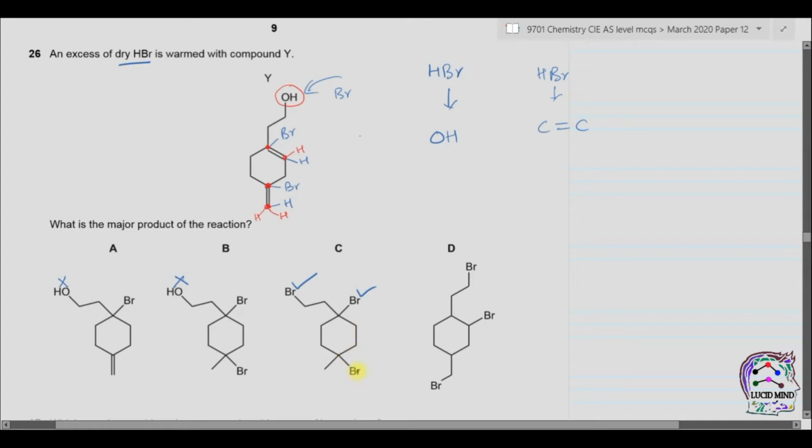This bromine is attached to this carbon atom, it is also correct. So the answer should be part C. In part D we can see this one is correct, while the position of bromine should not be here. It should be on the other carbon atom according to Markovnikov rule. So therefore this is wrong.